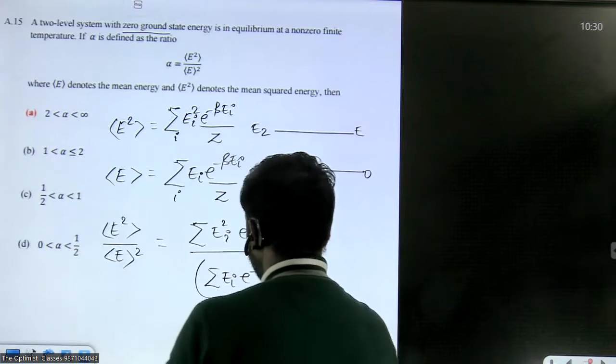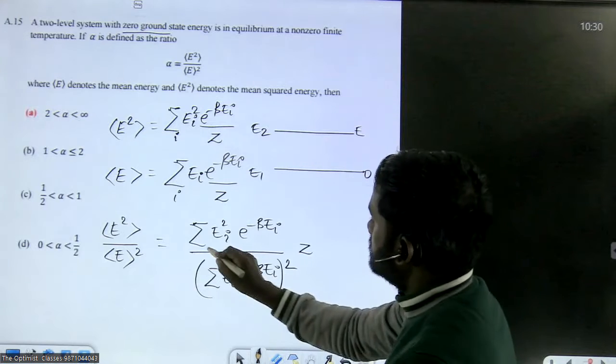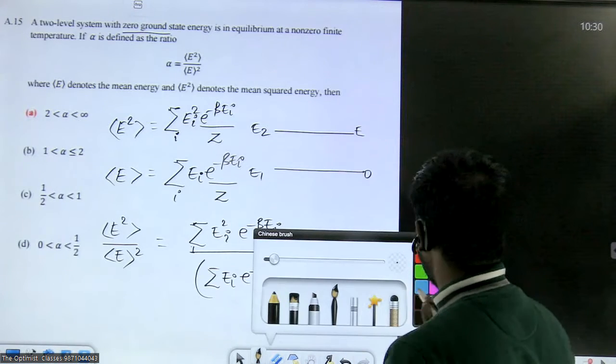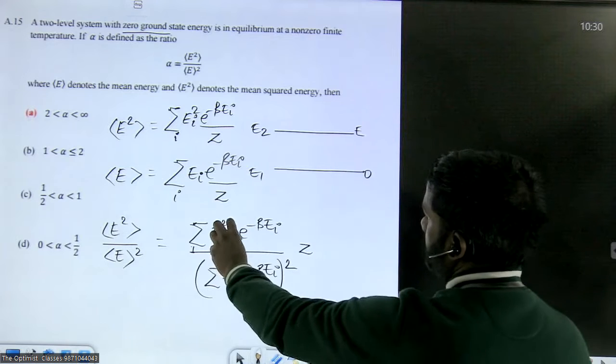Okay, something like this. So now let's sum it over. When we sum over all energies, the ground state energy is 0, so we write 0 here.